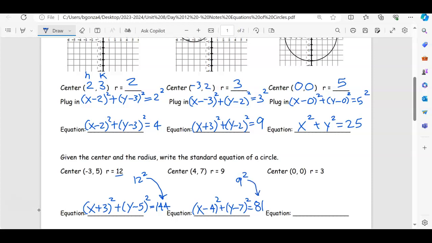Last one, if there's zeros, that's going to be x squared, it's going to be y squared, and that's going to equal 9 because 3 squared equals 9.